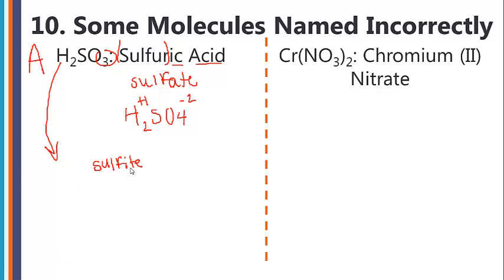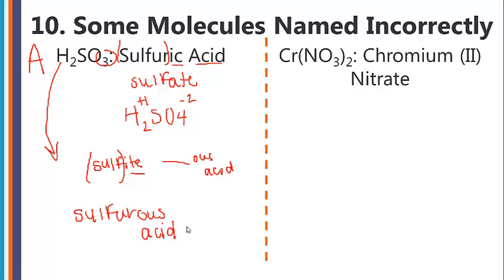So now I've got to figure out how to name this. If I have an -ite, that was originally a blank-ous acid, and the blank was the part that isn't -ite. Sulfur's a little weird, so we're just going to write the full name for sulfur. So that's sulfurous acid, not sulfuric acid.